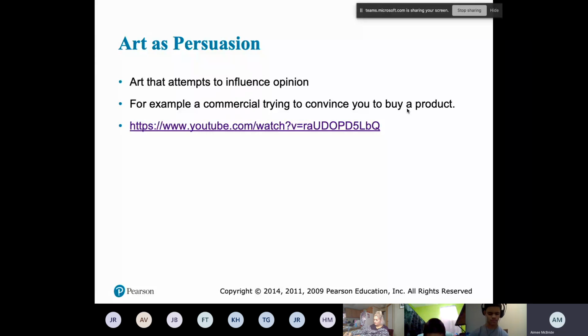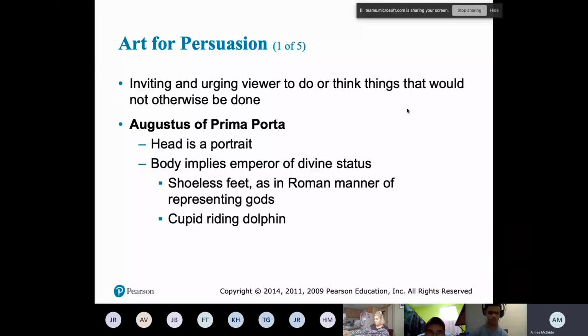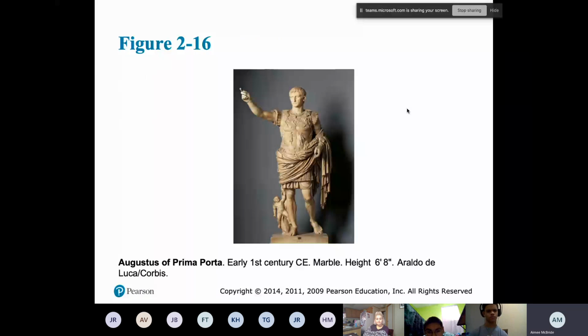Those are all forms of art as persuasion. However, this particular art form has existed for centuries. For example, we see it in Augustus of Prima Porta. Here is the image right there. Does anyone know what Emperor Augustus was the emperor of?